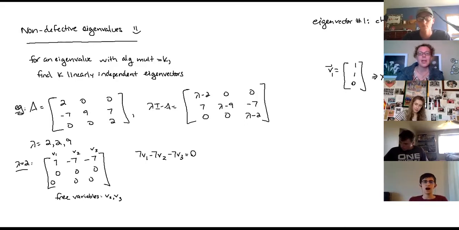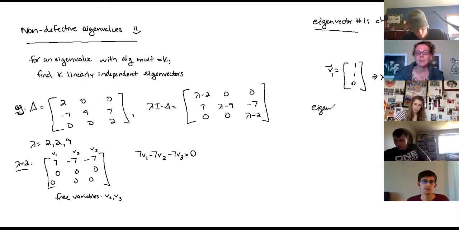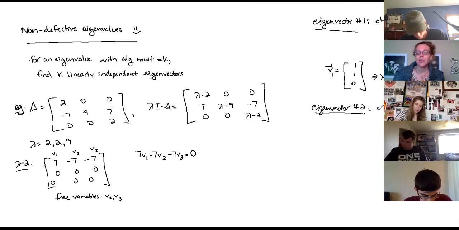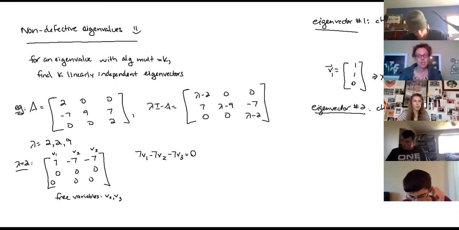Good, all right. Eigenvector number 2. For eigenvector number 2, I can also make a choice. This time I'm going to choose V2 to equal 0 and V3 to equal 1.